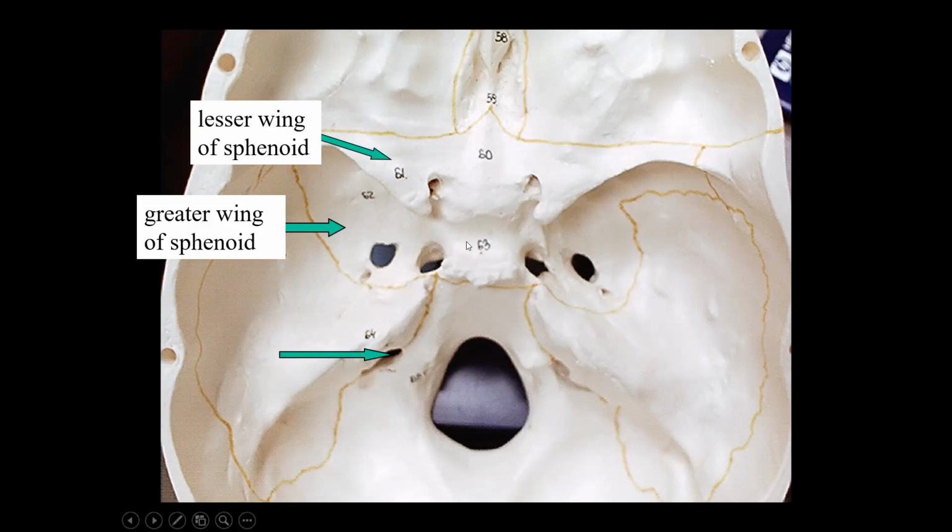This structure here at 63 is the sella turcica. Sella turcica is Latin, meaning Turk's saddle, because of the shape of the bone here with its little groove in the middle where the pituitary gland resides.